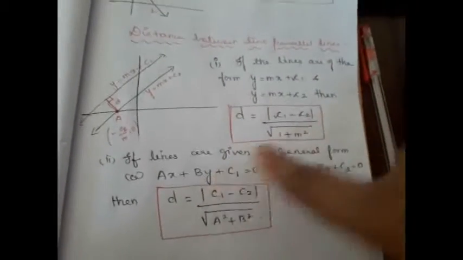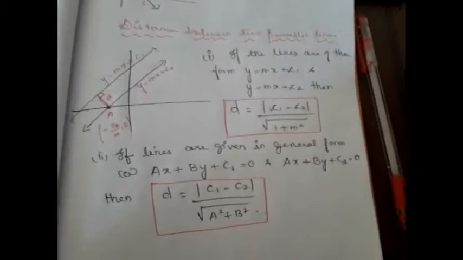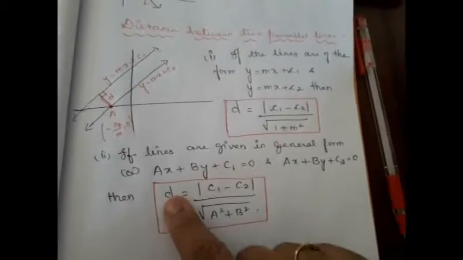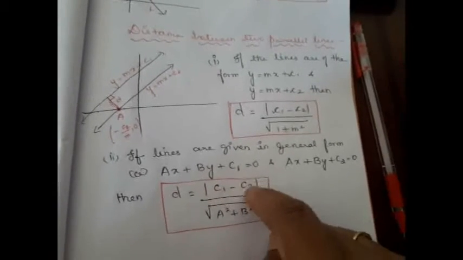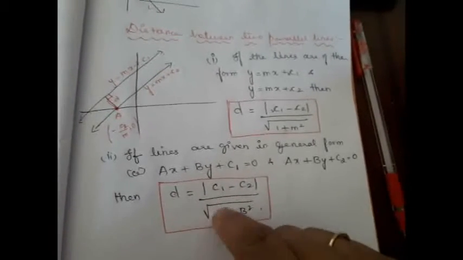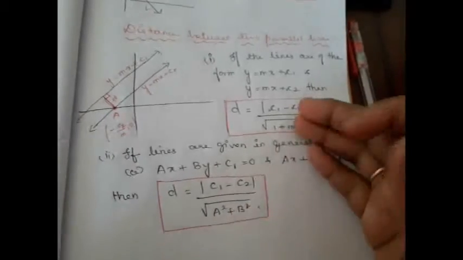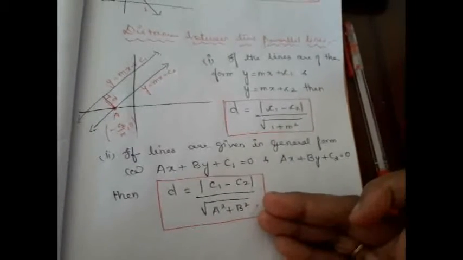If the equations are in standard form or general equation, then the distance between two parallel lines is given by capital C1 minus capital C2 divided by square root of a square plus b square. We have just replaced the terms.